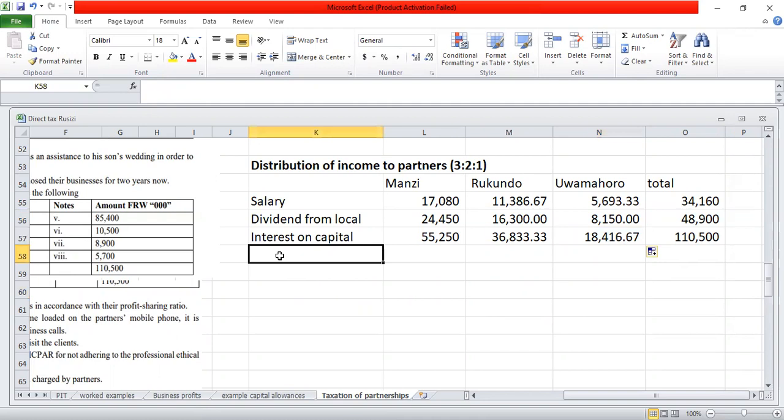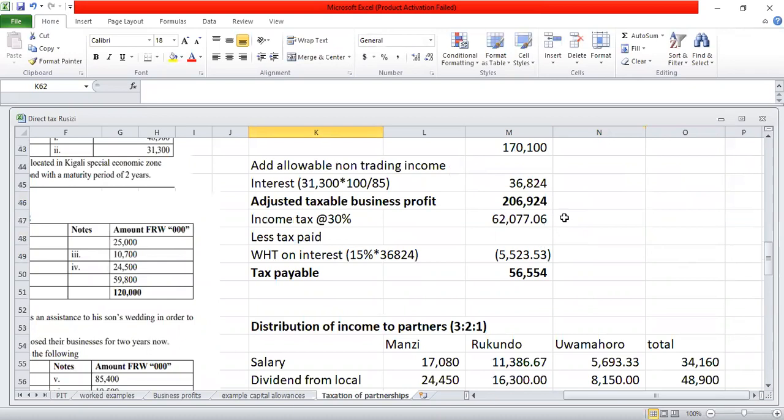The last share is the profit they are distributing to each other. Their total profit is how much?